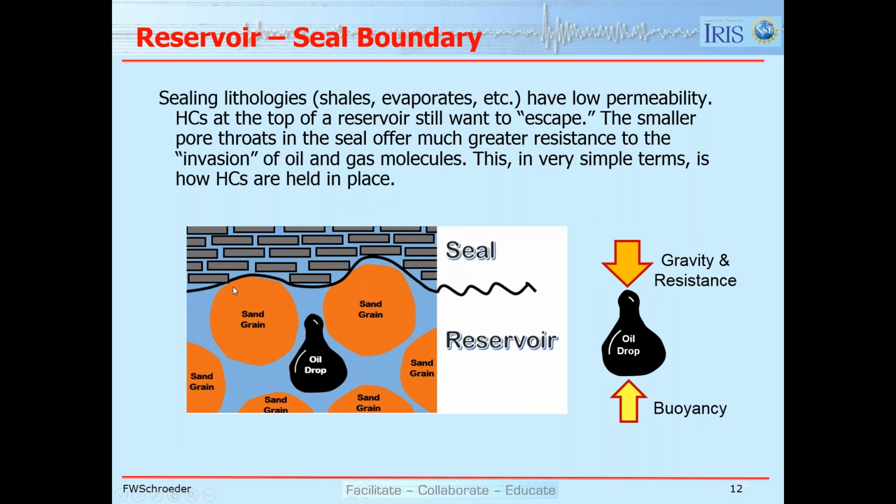So here we have, this is meant to be a shale overlying the sand reservoir. The shale mineral grains are more plate-like. That makes the porosity and permeability much less, and so there may not be enough buoyancy force to overcome gravity and the resistance of the water in the shales to get replaced by either gas or by oil.